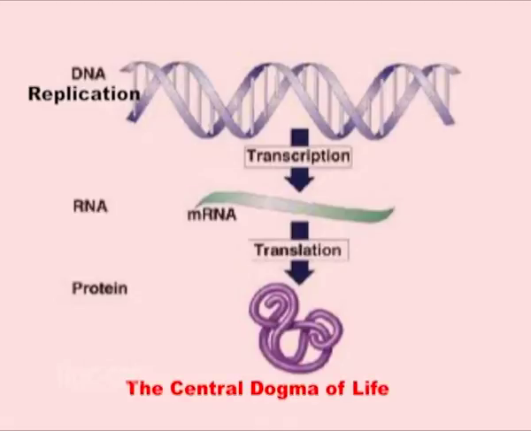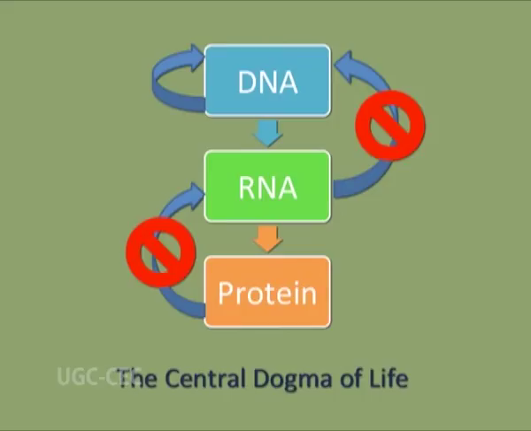This is the central dogma of life. The central dogma of molecular biology deals with the detailed residue by residue transfer of sequential information. It should be noted that such information cannot be transferred back from protein to nucleic acid.